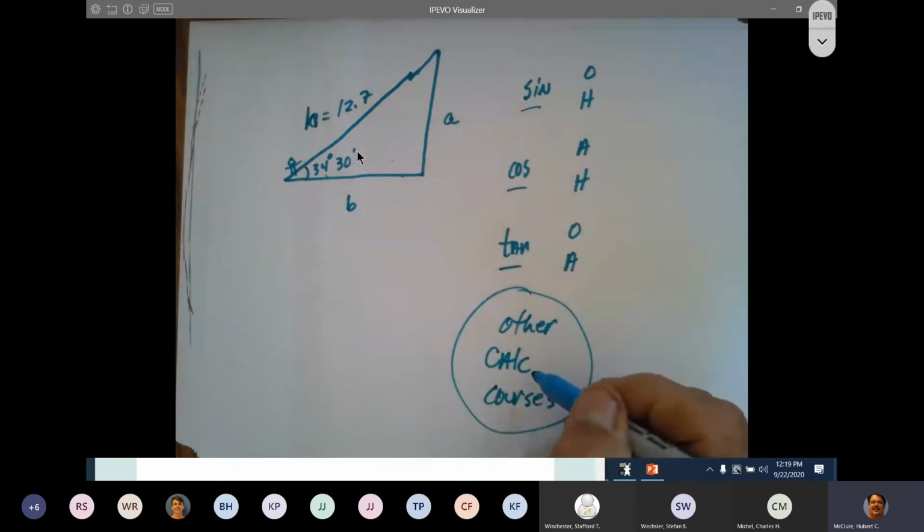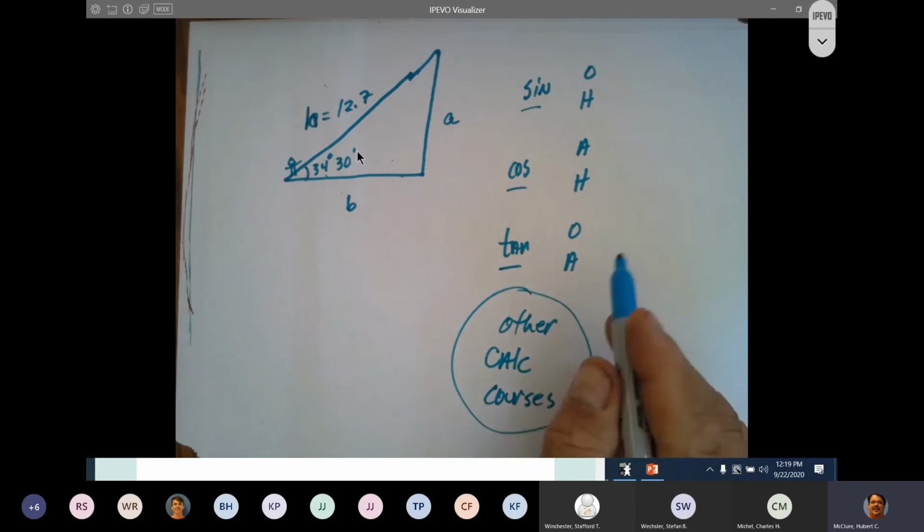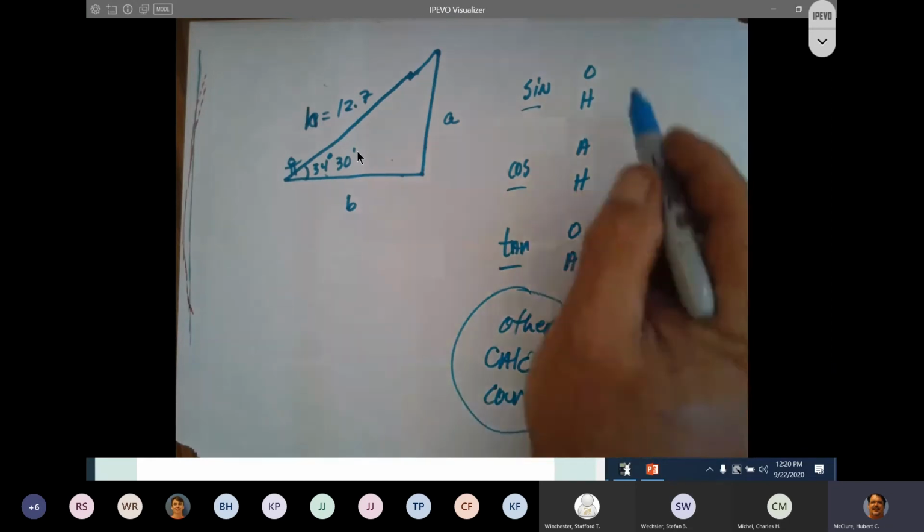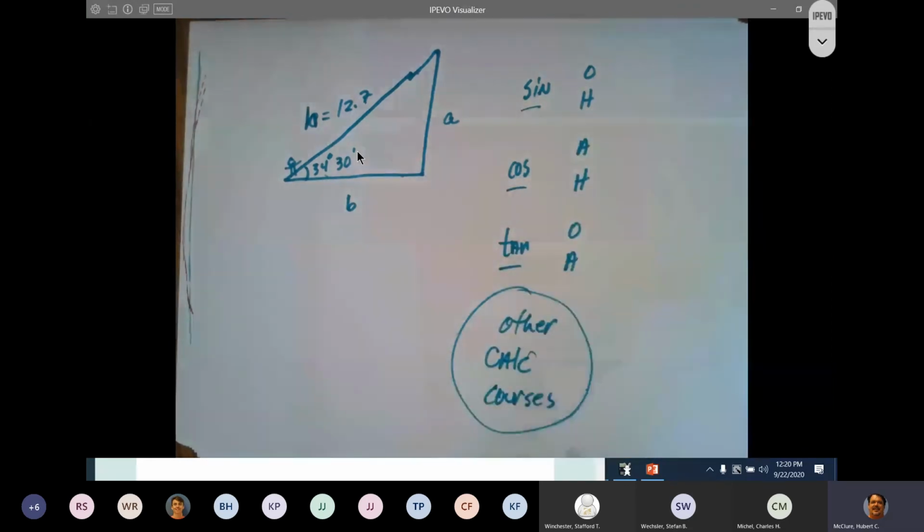And the only time you need these is when you're doing reciprocal identities or other identities having to do with these. So really, these aren't for practical applications. These are for theory.